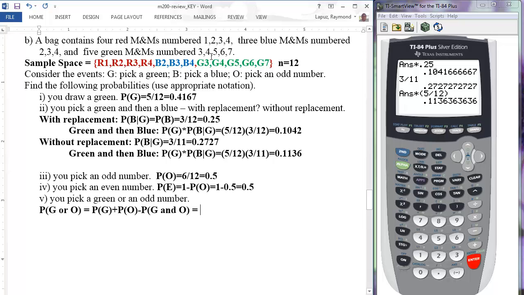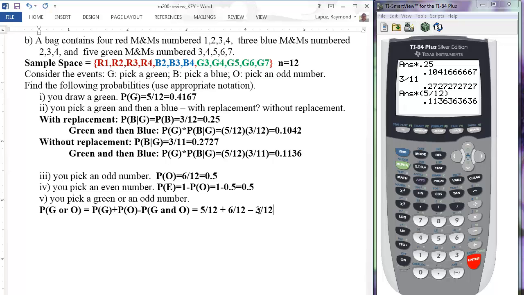So what do we have? The probability of green is 5 out of 12. We want to add the probability that we get an odd number, which is 6 out of 12. And now we have too much there, so we want to subtract out the probability that we selected a green and an odd number. There's 1, 2, and 3 of them right here, so we need to subtract out 3 out of 12.